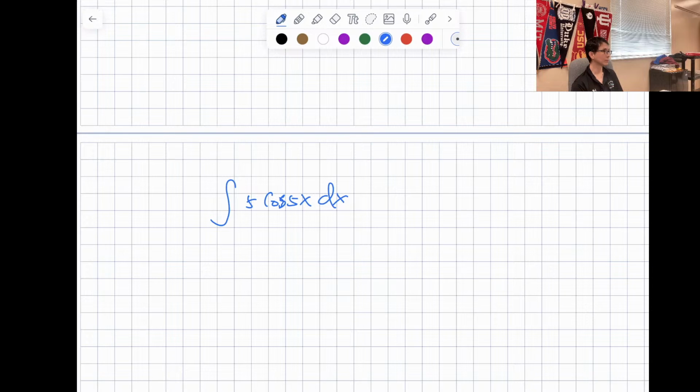Can we take a baby picture? I don't know. See, does that say cosine 5x? Yeah, and that's 5 in front of it.